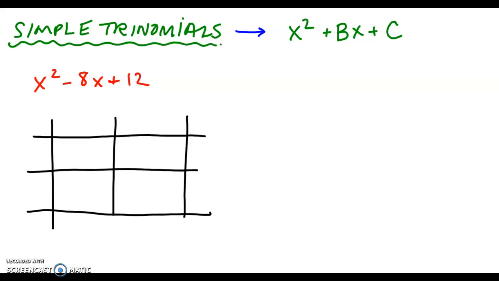In this picture, the top left box is going to be our x squareds, and we have one of them. And the bottom right box is always our constant term. In this case, it's a 12. Now, these diagonal boxes need to add up to -8.